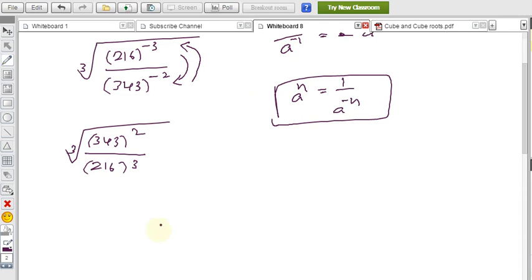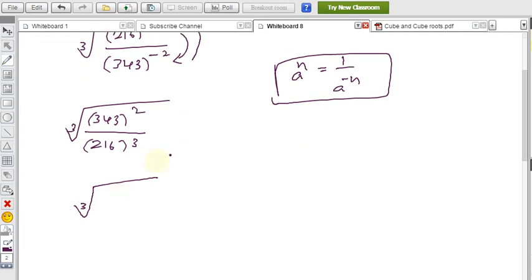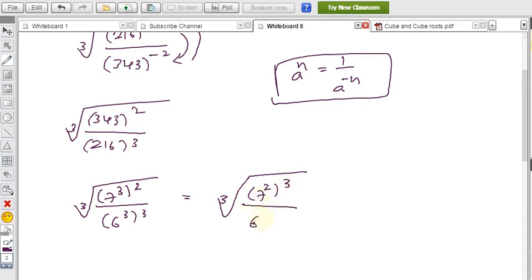Now cube root of 343. 343 we know is 7 to the power 3, right? 7 power 3 whole square by 216. 216 is 6 cube whole power 3. Now because of the cube root we need whole power 3 only. So 7 power 3 whole square I am writing as 7 square whole cube, and this is 6 power 3 whole cube.